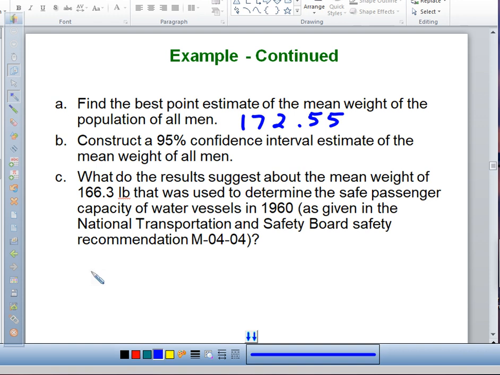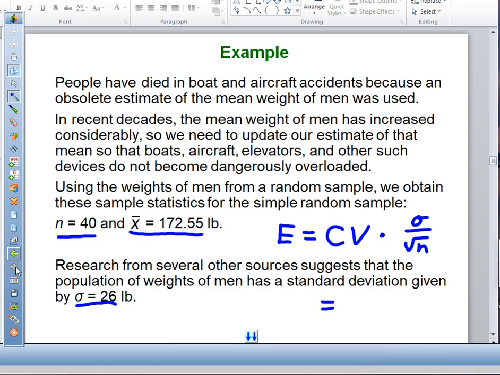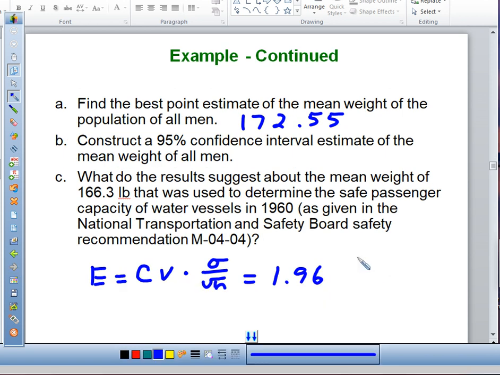Okay, so here I need to find my error, and that's again going to be my critical value times my sigma over square root of n. In this case, my critical value for a 95% confidence interval is 1.96 times my standard deviation, which they said was 26, over square root of n, which I think was 40, right?